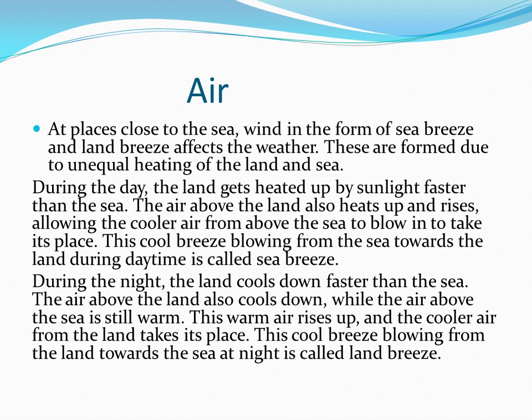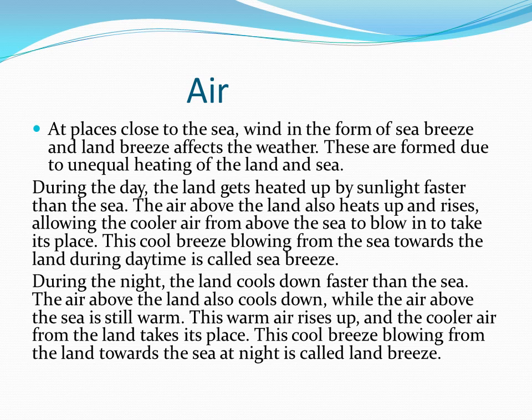So listen carefully, students. See the first point, page number 148. How does air determine the weather? Okay. So in the third paragraph, see, at places close to the sea, wind is in the form of sea breeze. So we will go to the beach.